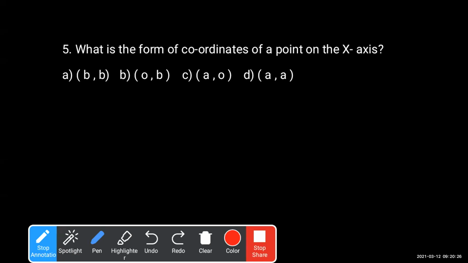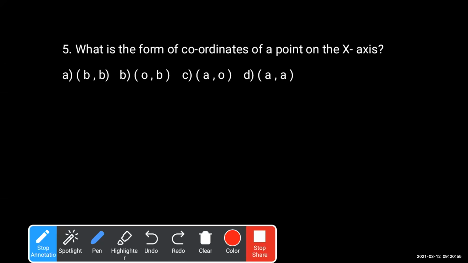Now you know that on the x-axis, the y coordinate is 0. Here they have not given any number, like x is equal to 2 or x is equal to -5 and so on. So remember the general form, x is equal to a and y is equal to b. That is the general form we have seen.